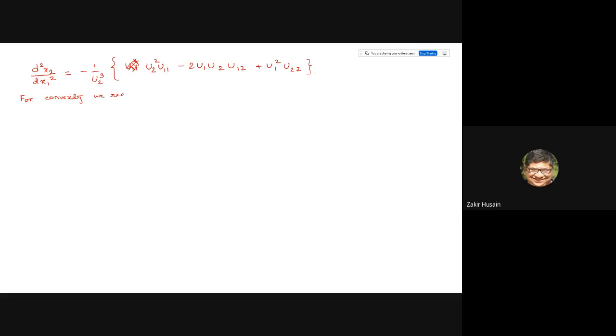Now, see, we don't know what the signs will be so far. We know that obviously this square will be positive, but we don't know anything else. Suppose indifference curves are convex, then what will be the sign of this? Will it be positive or negative?